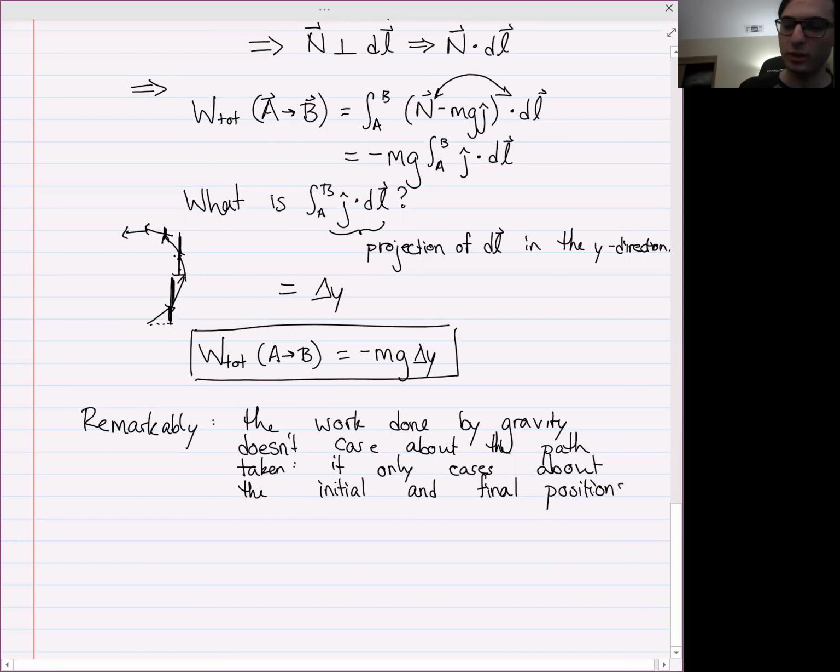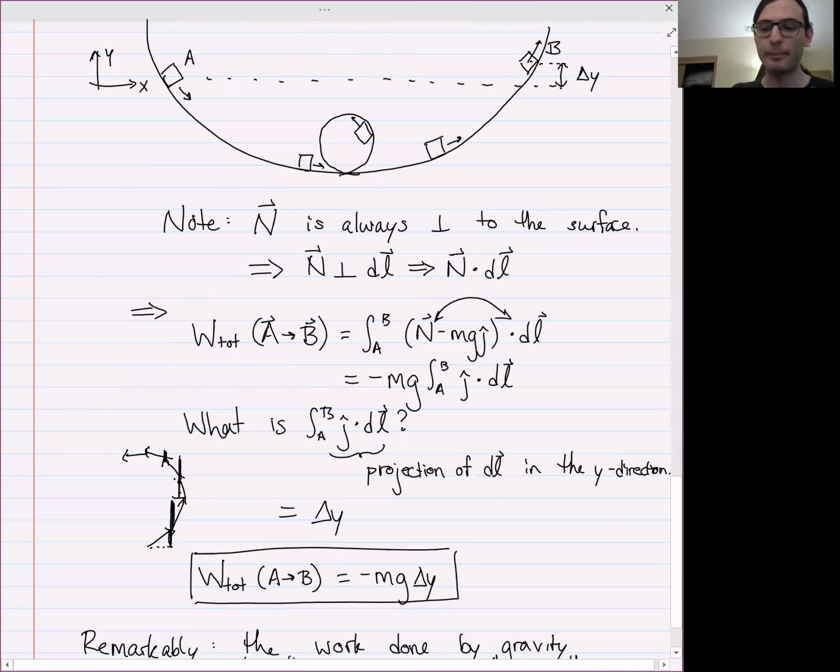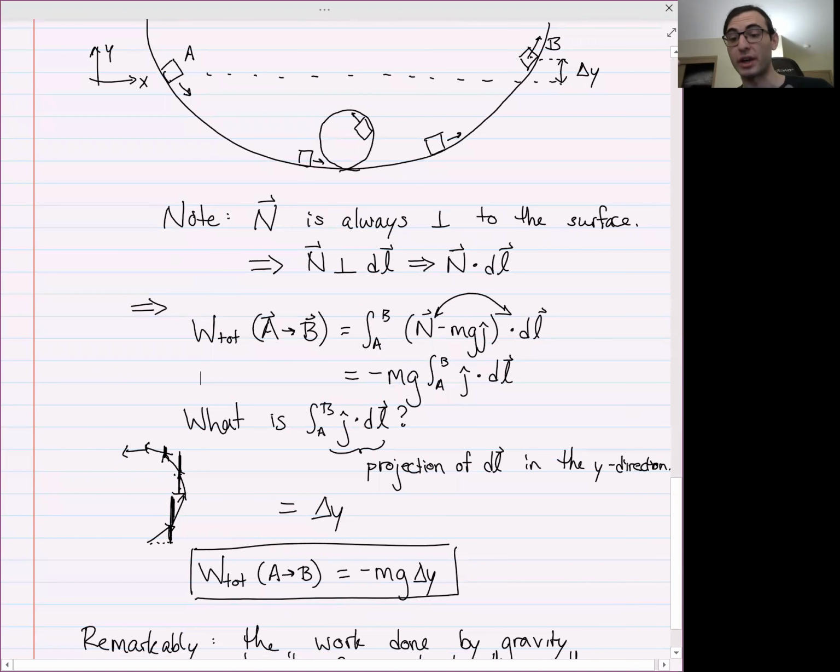So let me just explain that a little bit more. When we did this computation for the total work, the work contributed by the normal force was 0. So this total work that we computed is just the work done by gravity, because the normal force just doesn't contribute anything.